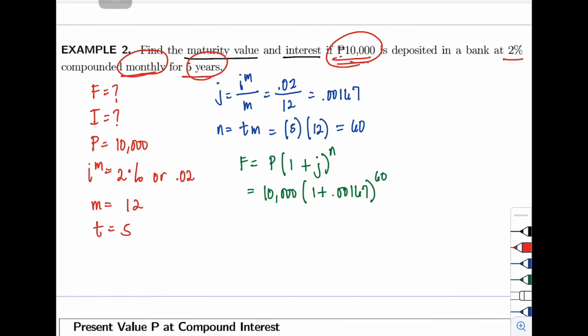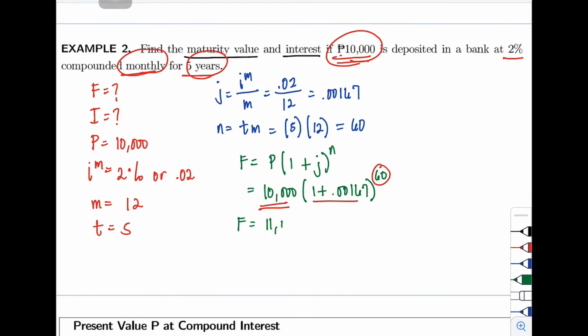Okay, so add natin yan. That is 1.00167 raised to 60. Then, i-multiply natin to 10,000. So, ang total niyan is equals to 11,053. Okay? So, ito na ngayon guys yung ating maturity value.